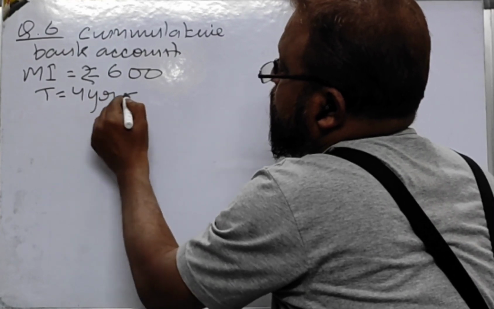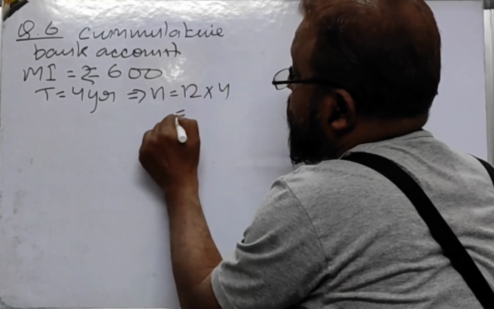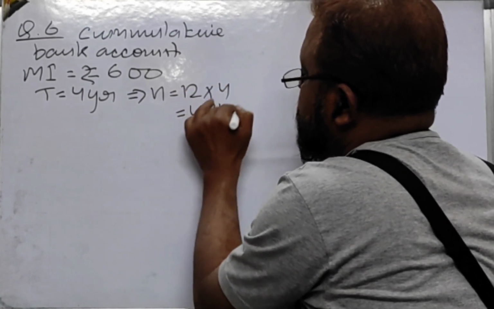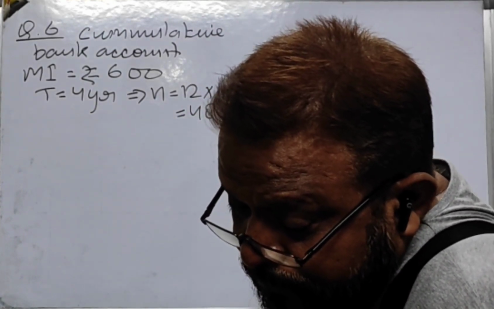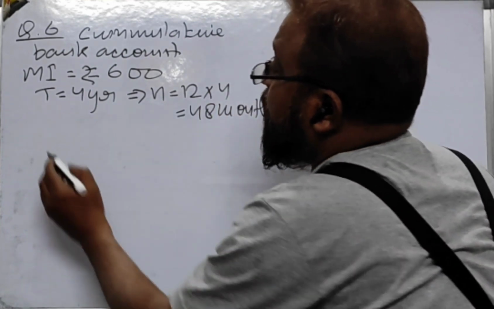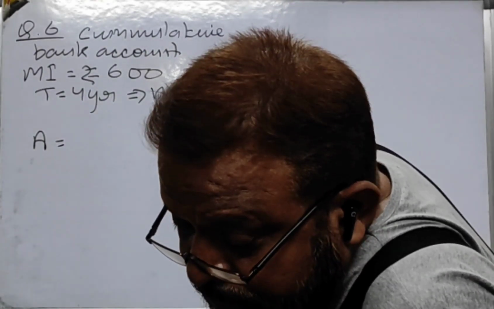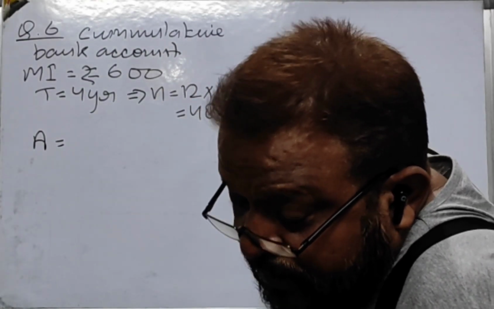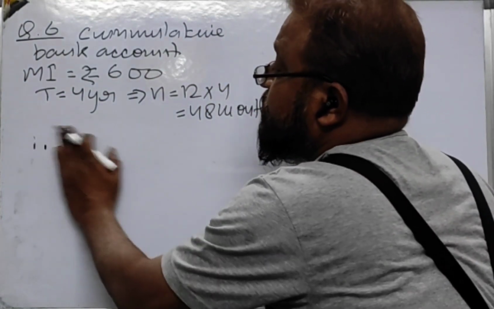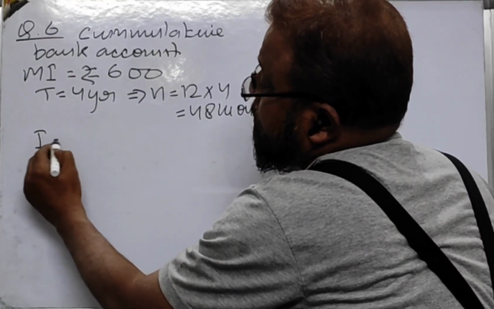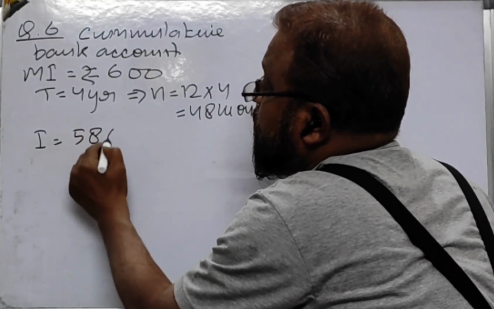So N is equal to 12 into 4 is equal to 48 months. Okay, then at maturity he gets rupees 5,880 as interest at the time of maturity. It is interest. So interest is 5,880. Fine.